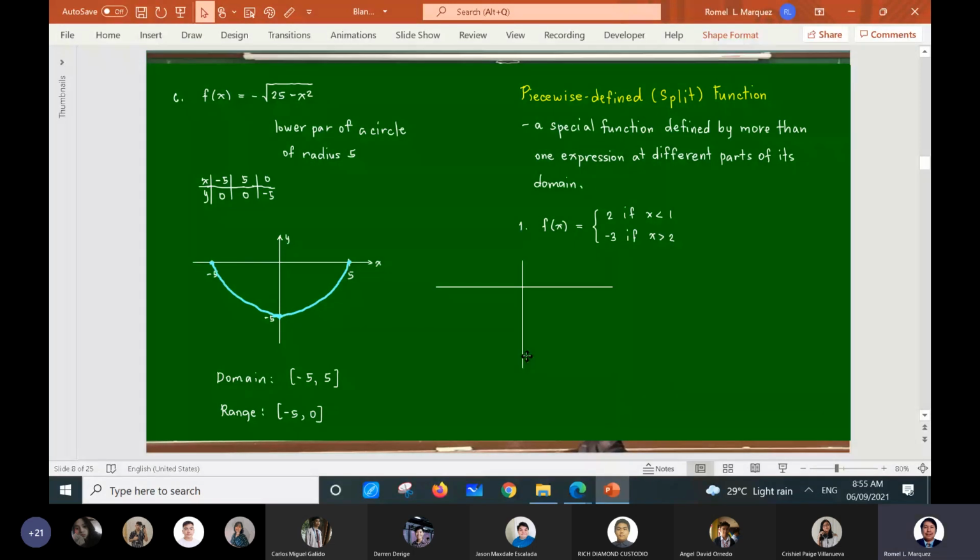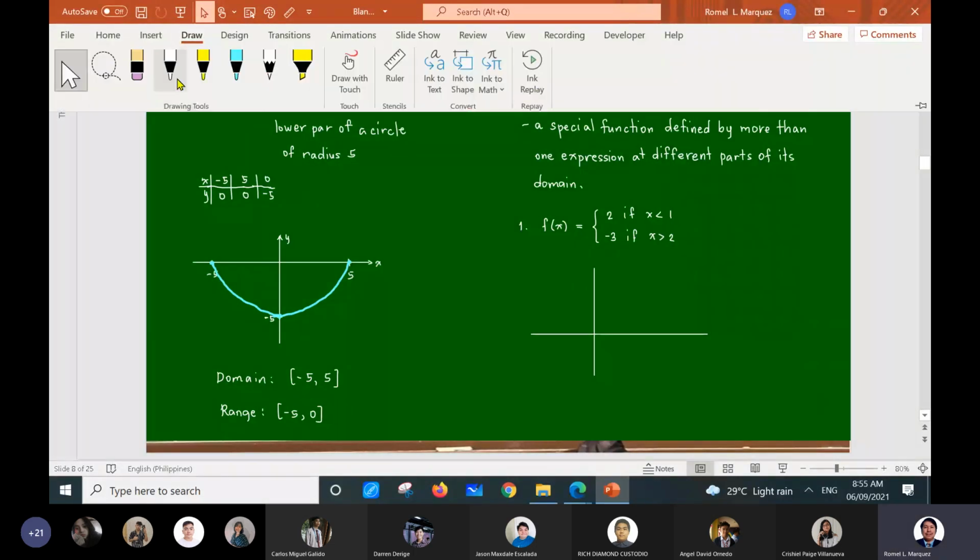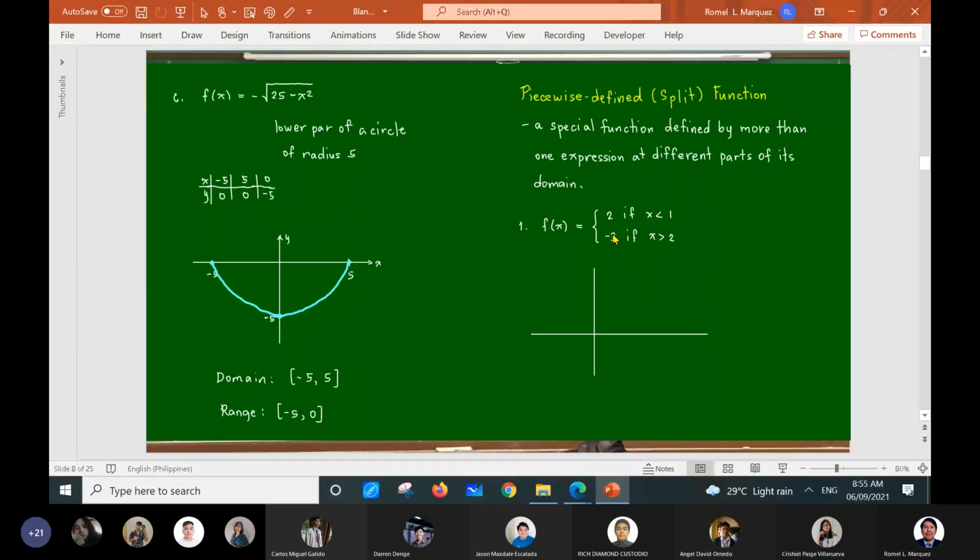So let's draw. If the value of f is 2, so that is y equals 2, horizontal. So we have y equals 2, but we want it for x less than 1. And then the other one, y equals negative 3, but we want x to be greater than 2.